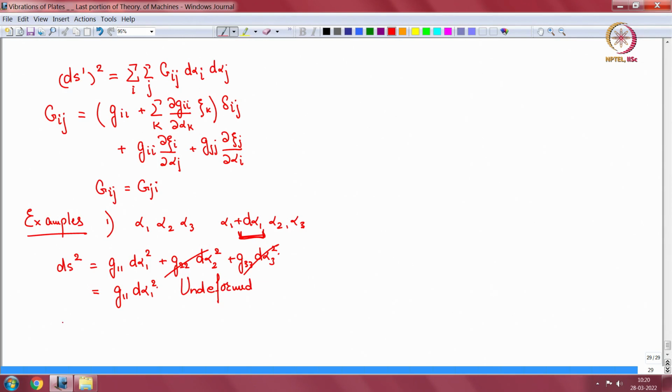And so ds dash whole squared now will be g11 d alpha 1 squared from here.